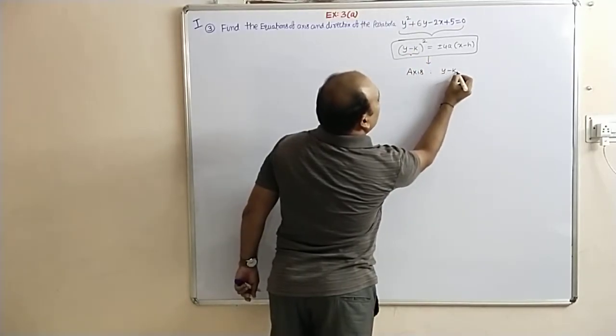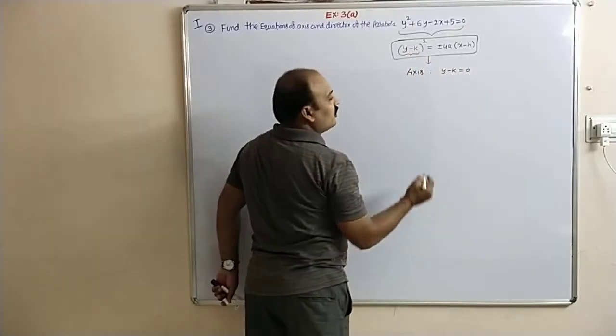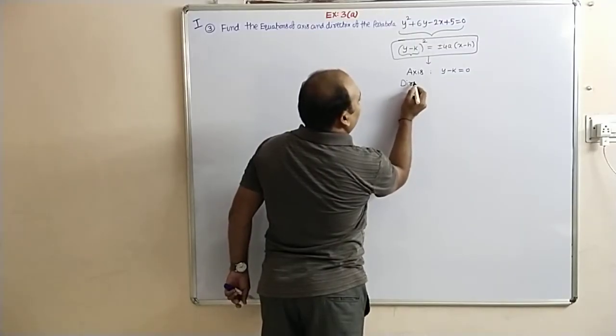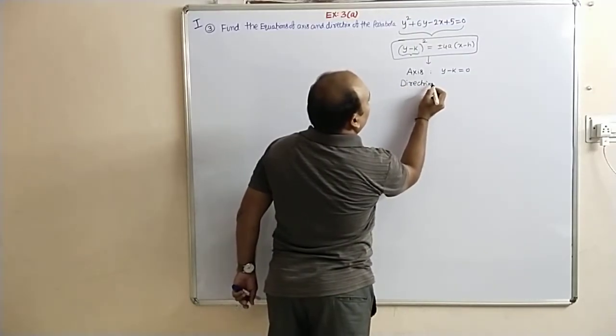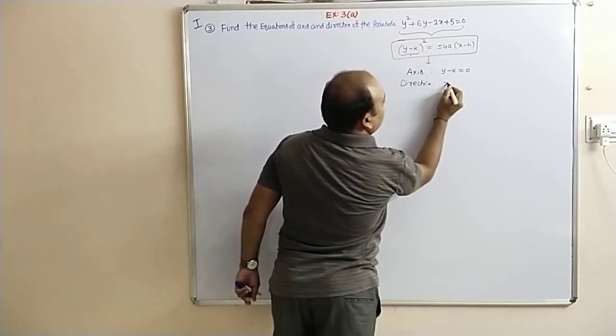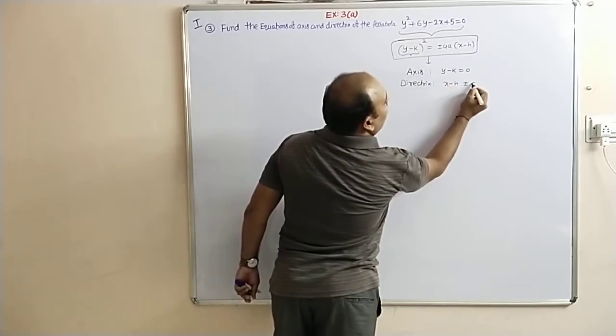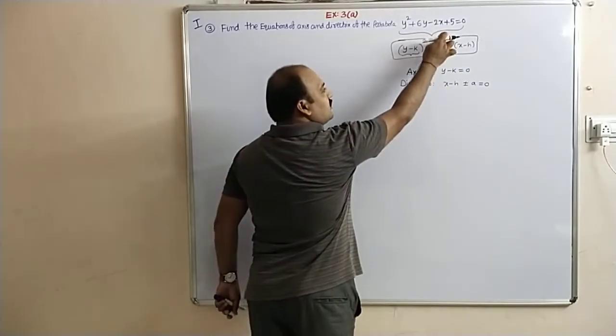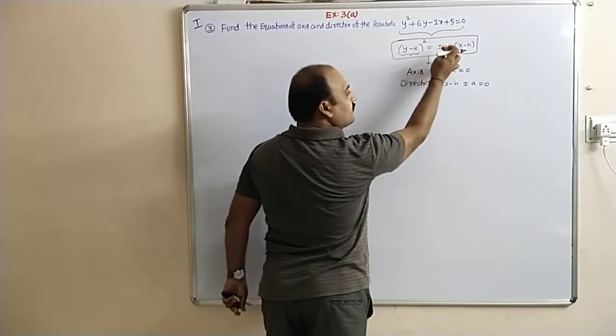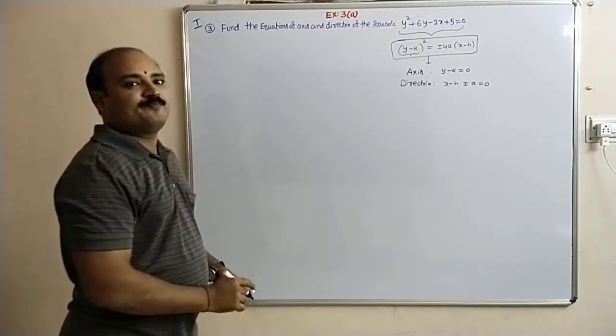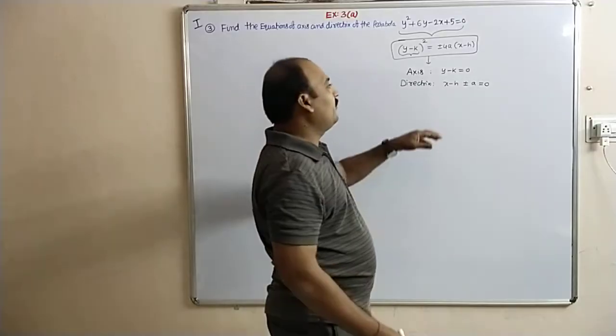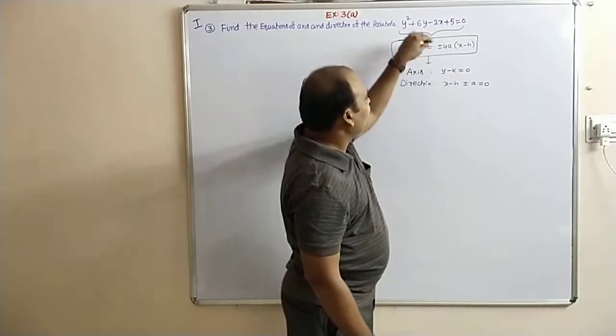Y minus k equal to 0. Directrix: x minus h plus or minus a equal to 0. If it is plus here, plus a you can take. If it is minus, minus a you can take. I already said that logic in the previous classes.